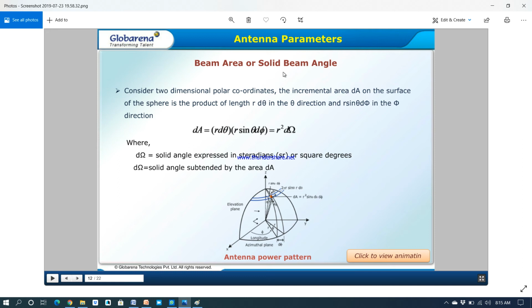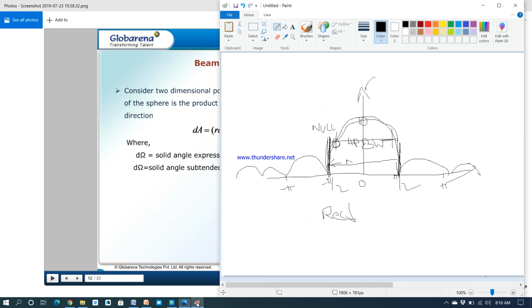So what is a beam area? Beam area means, already this is a half power beam width, this is a main lobe.